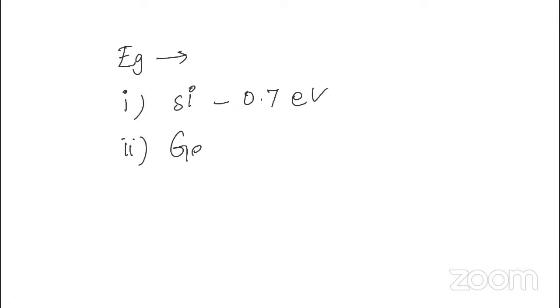We should keep in mind these constant values: the Eg value for silicon is maximum, that is 1.1 electron volt, and for germanium it is 0.7 electron volt.